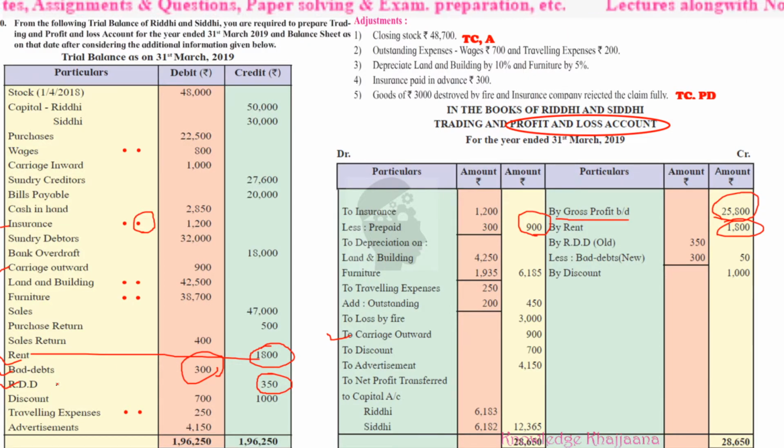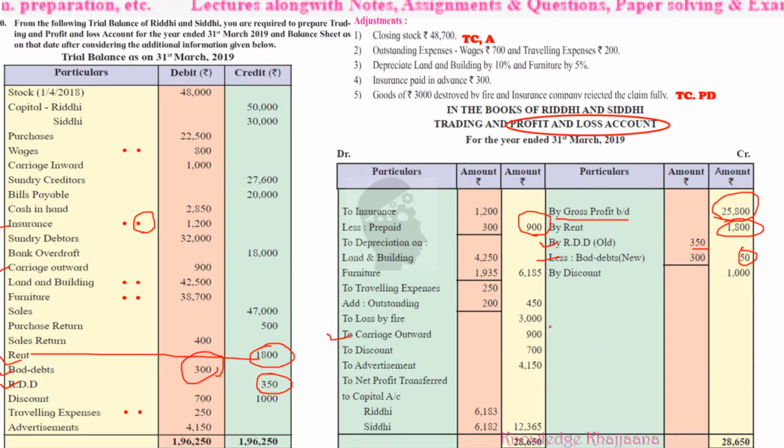So in this case, what can be done? This can be recorded like this also: by RDD old rupees 350, less bad debts new rupees 300. So we come across the total amount for this year, that is 50, and it will go to the plus side.